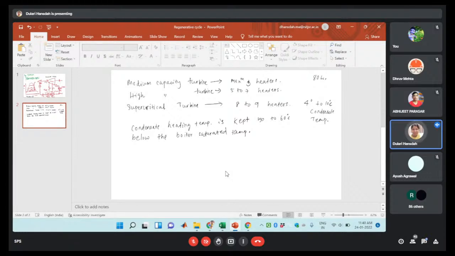So this we also use as another criteria, because suppose the condensate temperature exceeds this temperature, then automatically the evaporation will increase in the boiler.